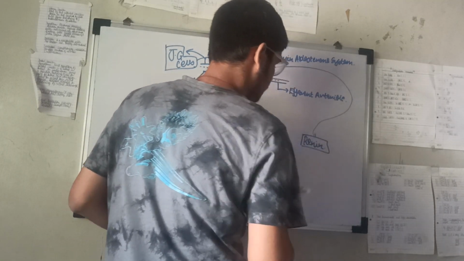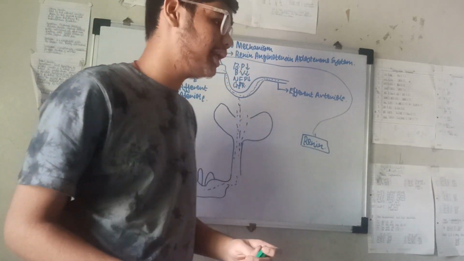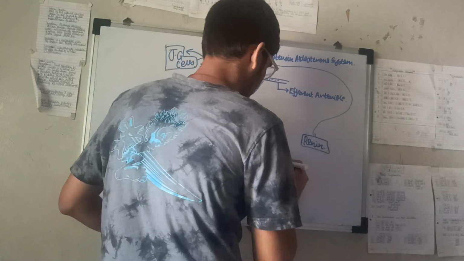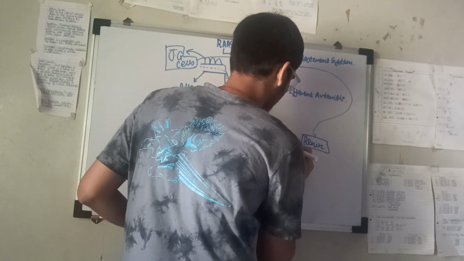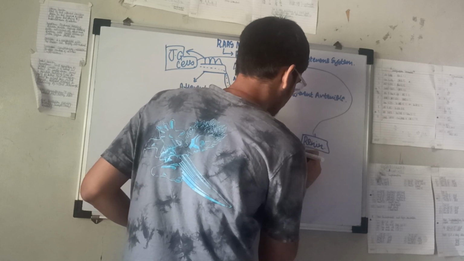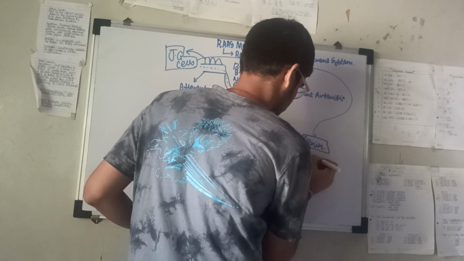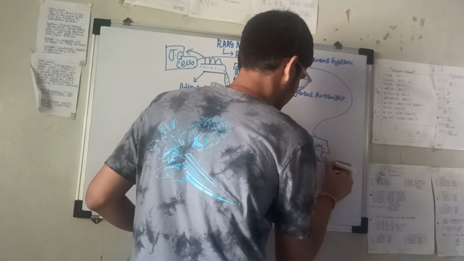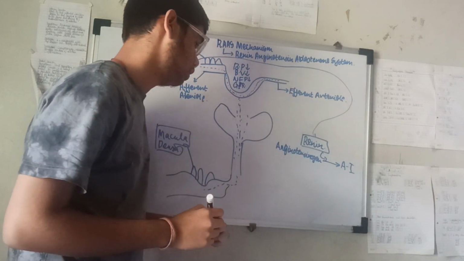It is simple. Renin is released, and there is an inactive substance produced by the liver, angiotensinogen, which in the presence of renin gets converted into angiotensin 1, which I am writing as A1.